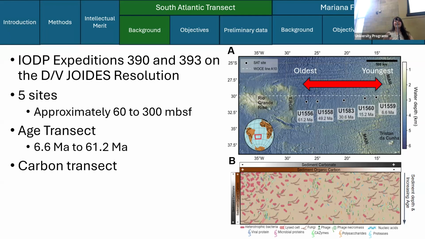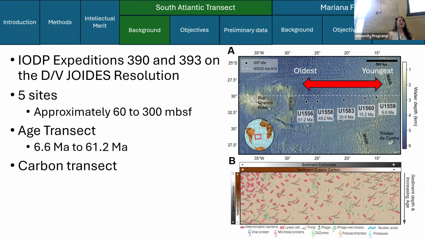This also represents a carbon transect where the areas closest to the Mid-Atlantic Ridge are highest in sediment carbonates and lowest in organic carbon. And furthest from the Mid-Atlantic Ridge are lowest in carbonates and highest in organic carbon.